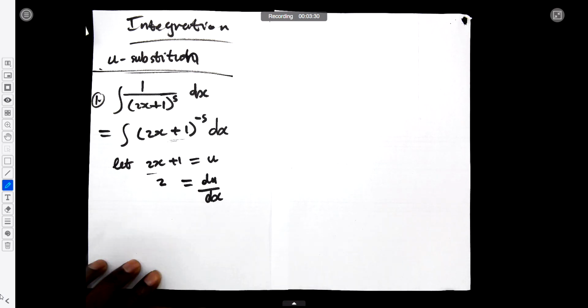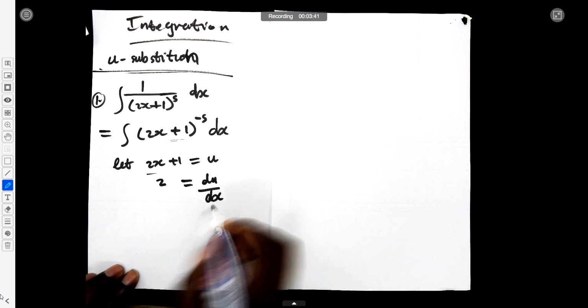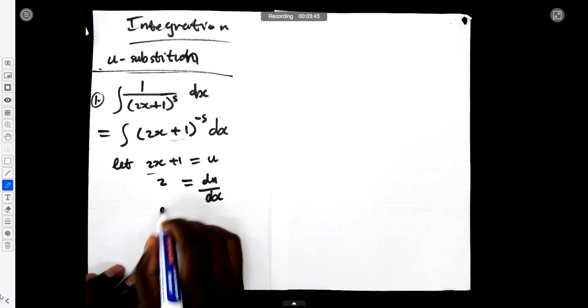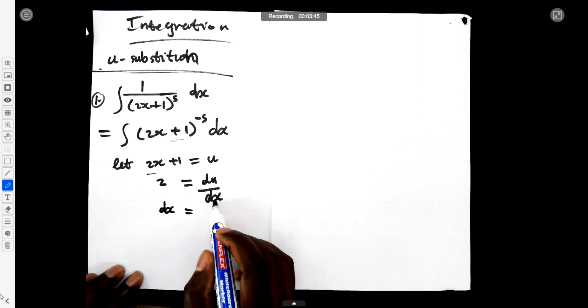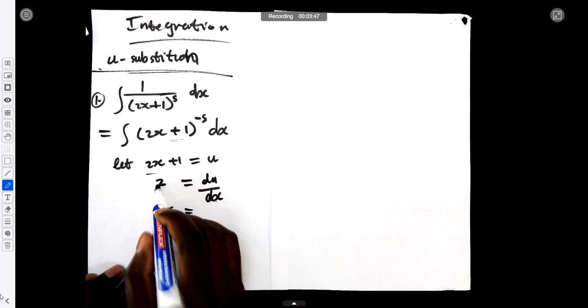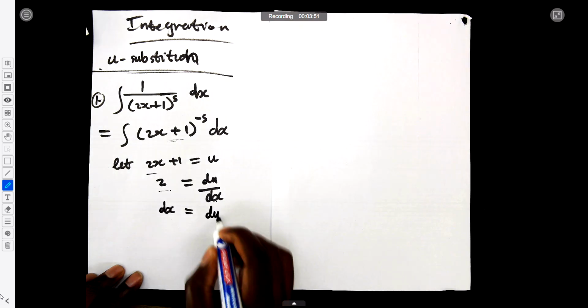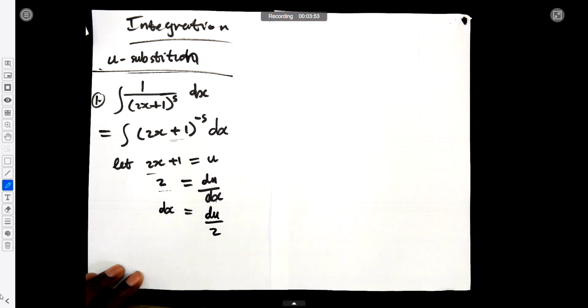When we let the function equal u, we want to replace dx, so we need to make dx the subject of the formula. We multiply on both sides and divide by 2, so we'll have du divided by 2.